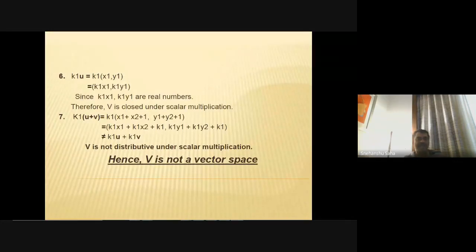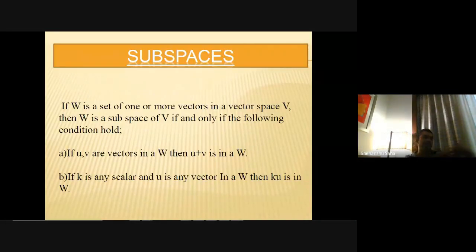In this particular case, it turns out that the scalar multiplication does not distribute. It does not follow the distributive property, and therefore it's not a vector space. As I said, a vector space is a set with a closed structure, but it is much more than a set.